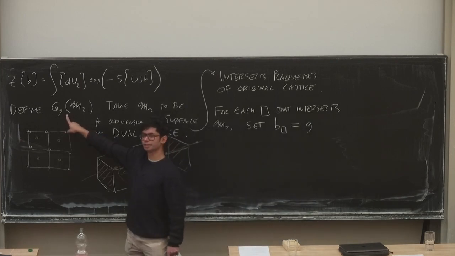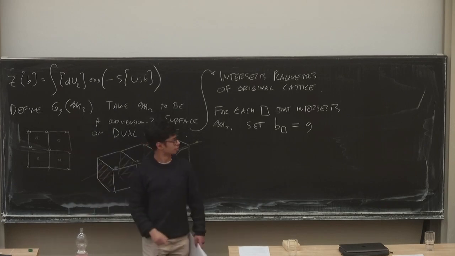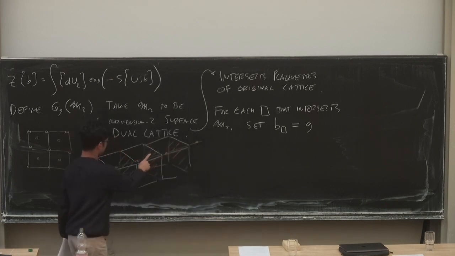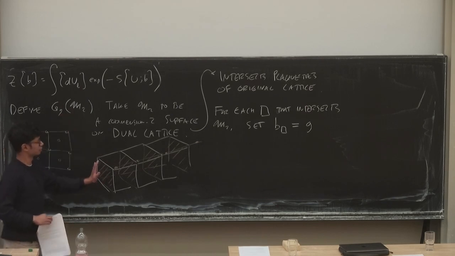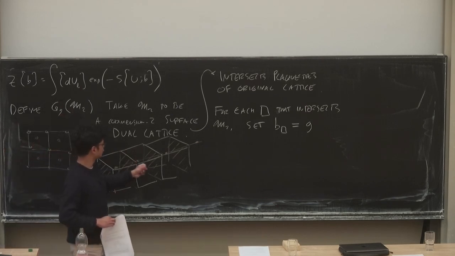Remember, g is the Zn element by which I'm defining this operator. So for each plaquette that intersects this thing, set the B, this source, equal to g. So g here, g here, g here, g here.